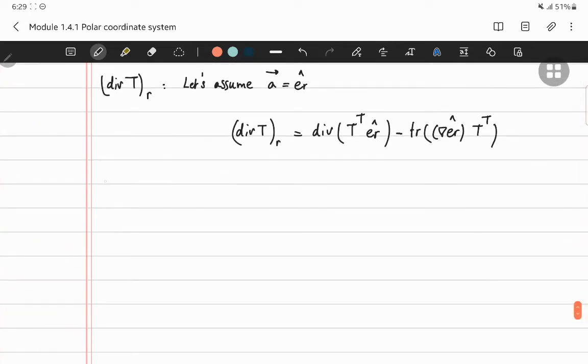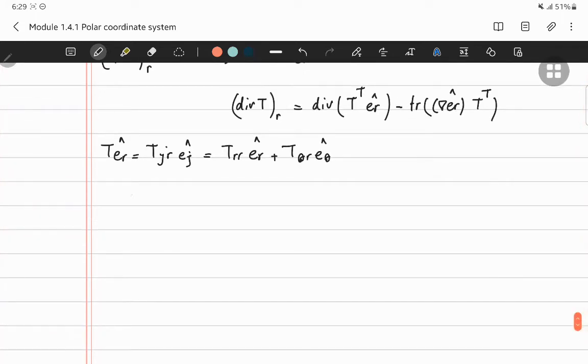So I already mentioned that t er is basically t jr ej. So it is t rr er, since j can be r and theta, plus t theta r e theta.